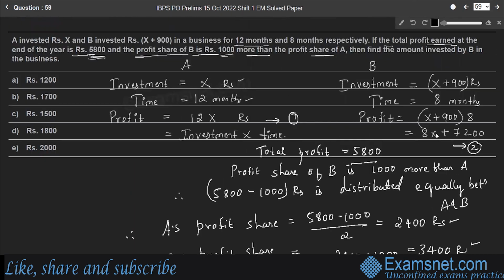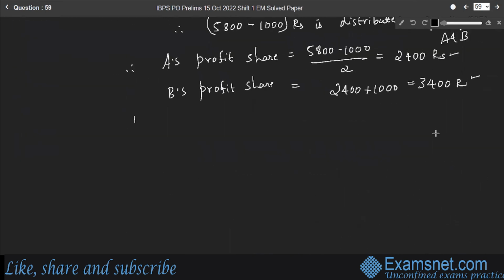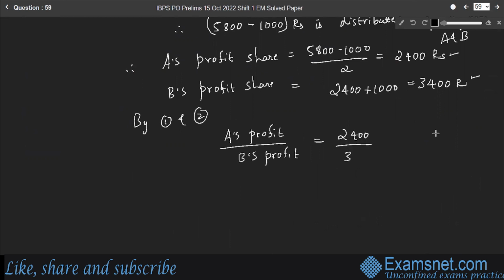Now let us consider the ratio of A's profit share and B's profit share, right? By 1 and 2. A's profit by B's profit is equal to A's profit 2,400 by B's profit 3,400.